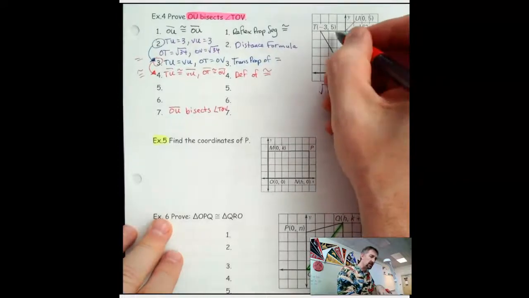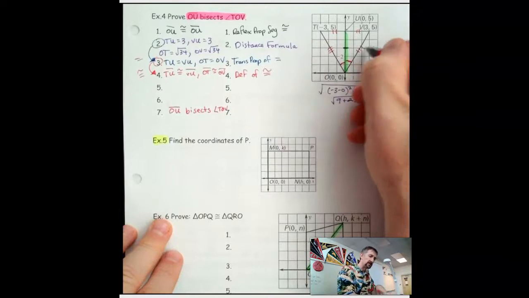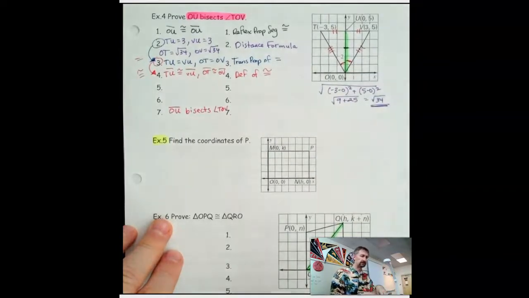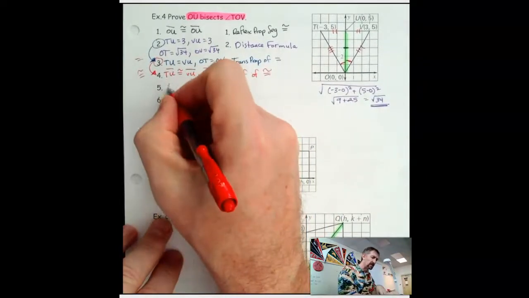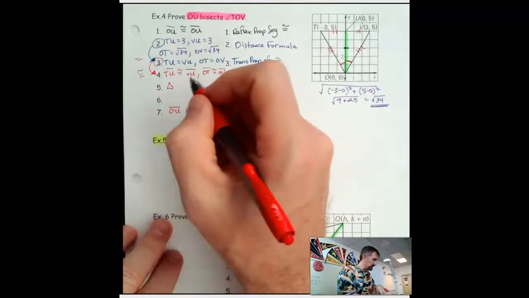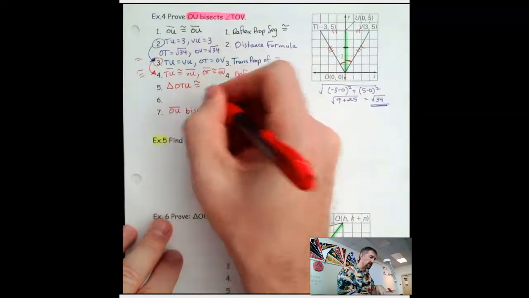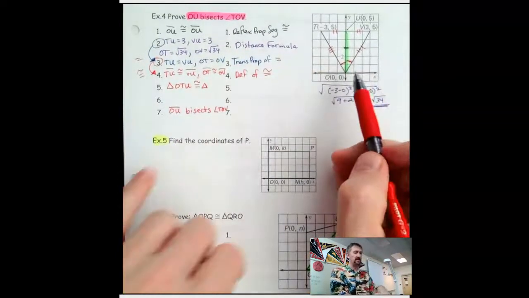So now we have this on this side and this on this side. So now we can say that we have triangle, alphabetically, OTU. Now when you go to list the second triangle, the alphabet doesn't have anything to do with it.